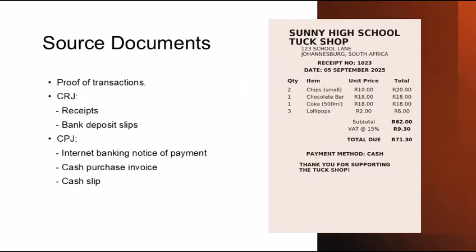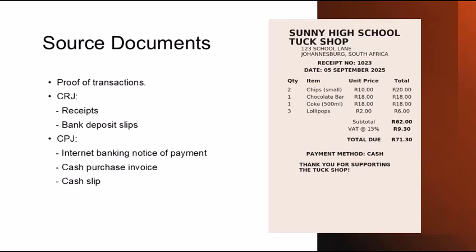Last time we had a quick look at source documents. Let's quickly recap. Every transaction needs proof, and we call that a source document. Examples for our Cash Receipts Journal will be receipts that are issued by the business when a customer pays, or a bank deposit slip when money is deposited into the bank account.